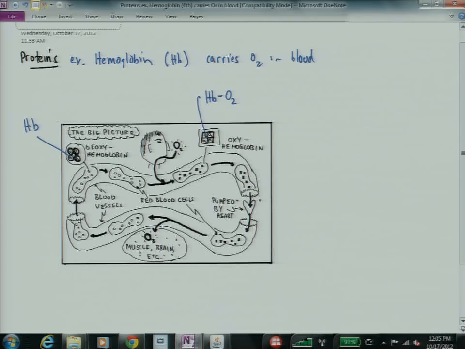And one of the interesting little bits of trivia, it takes a minute to sort of wrap your mind around these particular numbers, but if you looked at blood, in each cubic centimeter of blood, there's 0.2 cubic centimeters of oxygen dissolved in the water.